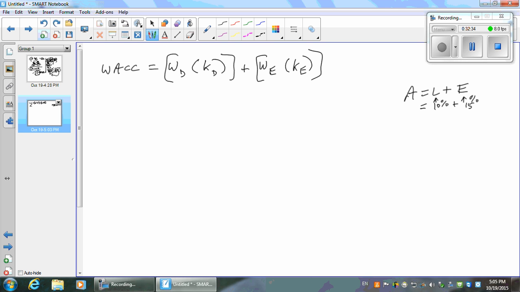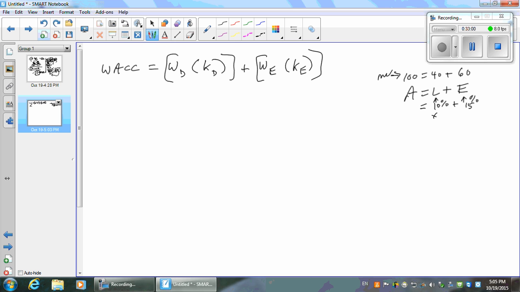What do I need to earn on my assets? Well, not 25. We're going to have to take the weights times it. Let's say that my assets at market value are 100, my liabilities are 40, and my equity is 60. All of that is at market value.